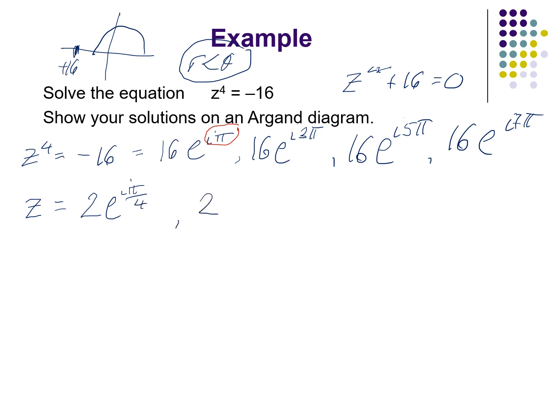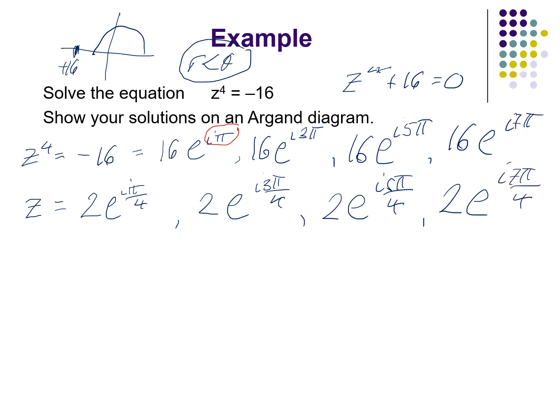And again for each of the others, I fourth rooted 16 and divided that argument by 4. So make sure you remember that this is the fourth root.